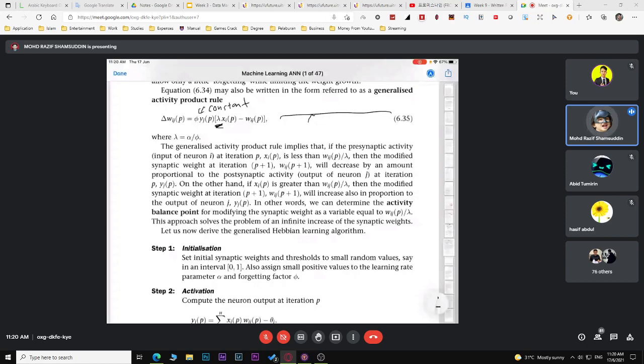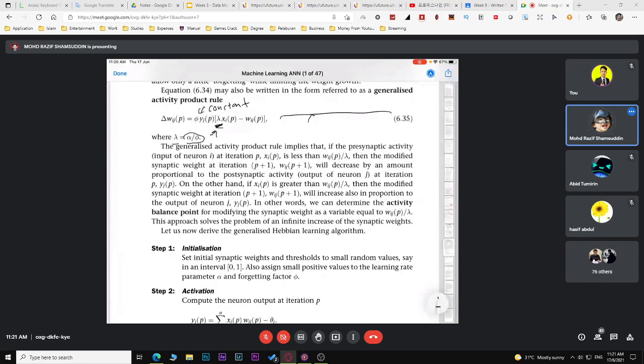So lambda is acquired by alpha divided by phi, which is you will get this value lah. Asalkan you dapatkan value constant dia, you boleh kira dia punya equation ni. Alright. So itu adalah weight change.